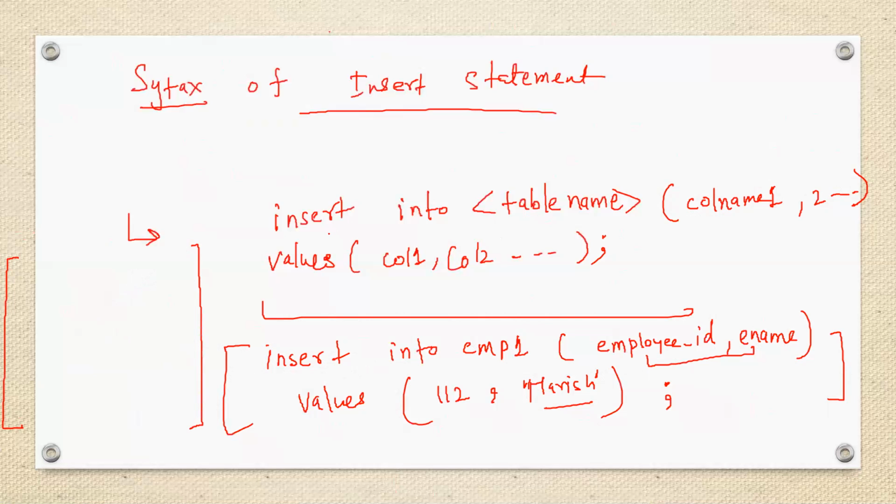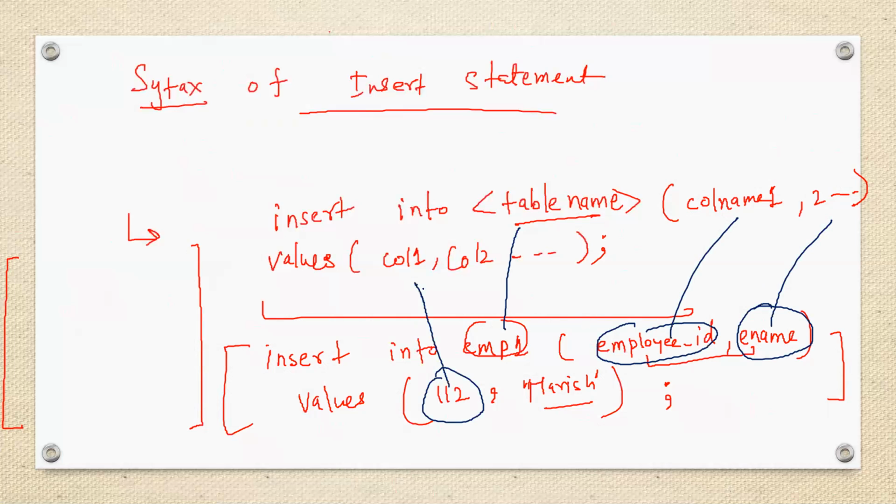So the syntax goes like this. Insert into table name. Here EMP1 is the table name. Let me use a different color of ink. EMP1 is the table name. This employee ID is column name 1. E-name is column name 2, and so on. And these are the values, 112 and Harish. Yeah, I got it.